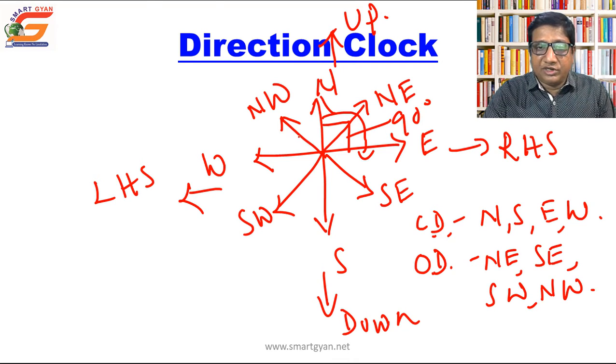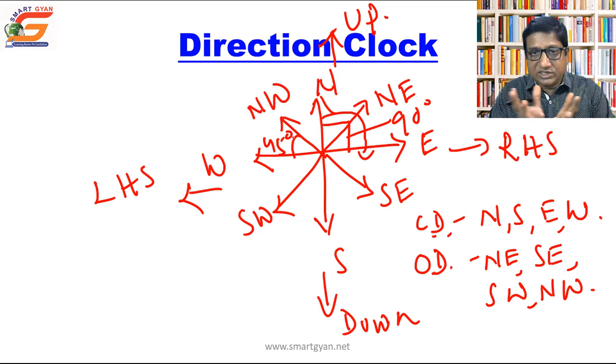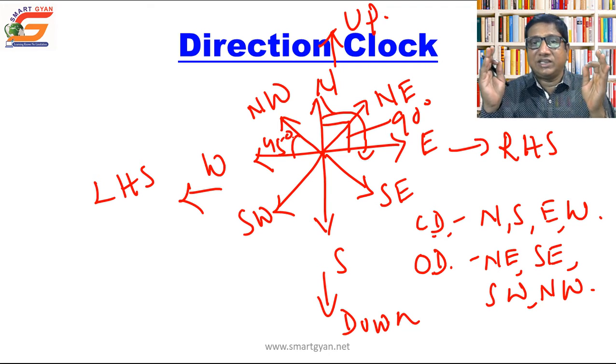Then between northwest and west, this is 45 degree, just half of 90 degree. So, the complete circle is 360 degree, and if you divide this in 4 quadrants, 1/4 is 90 degree, that is right angle. And next comes angle of rotation.